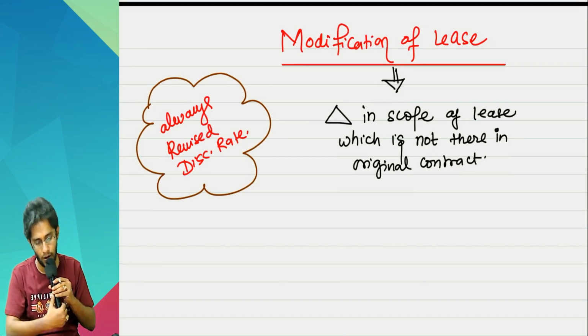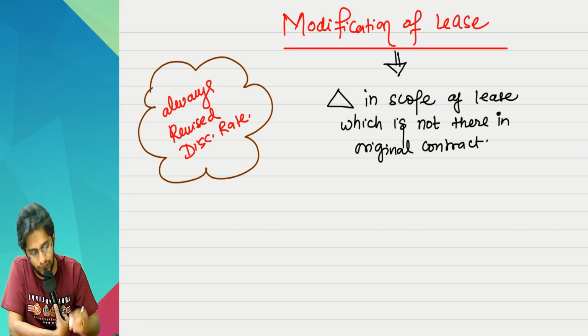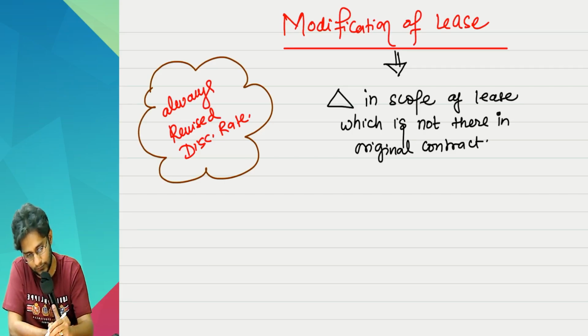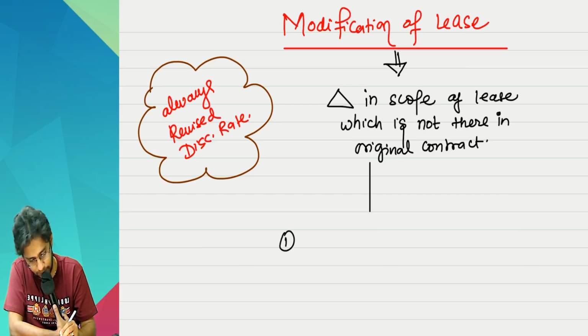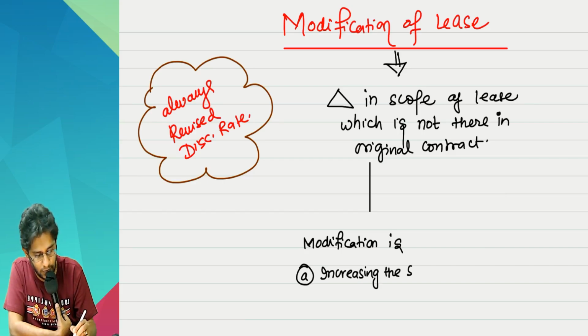Not here. Now coming to the accounting part. First case: your modification is increasing the scope of lease.